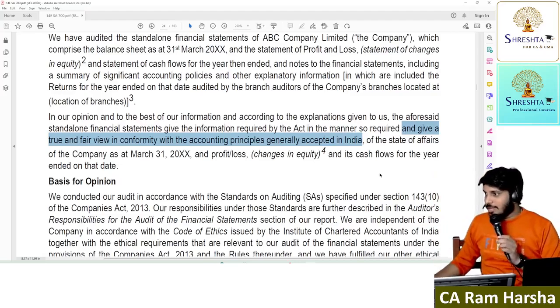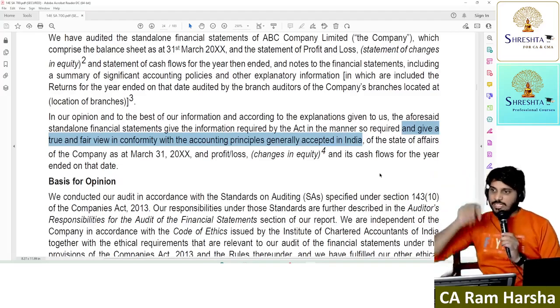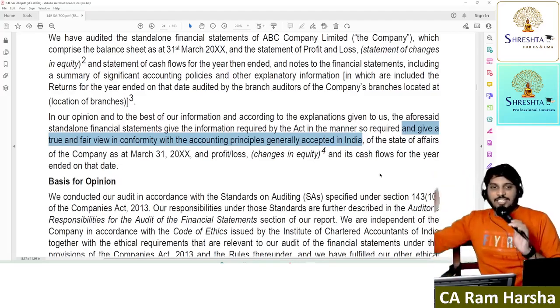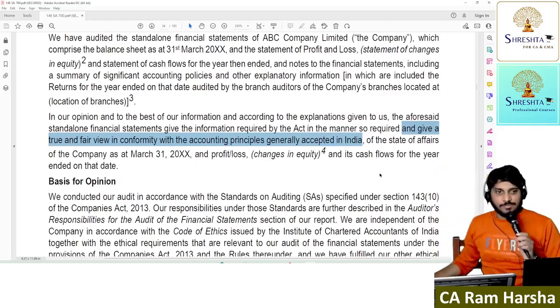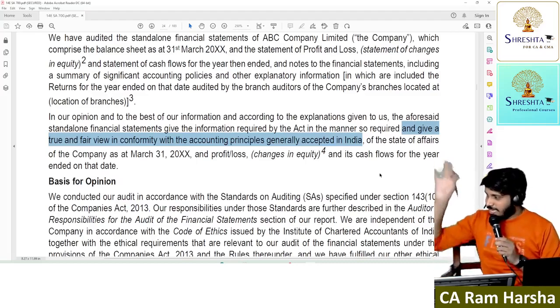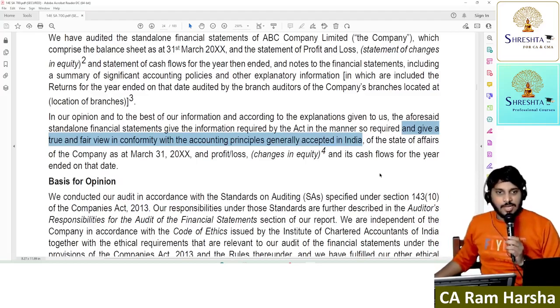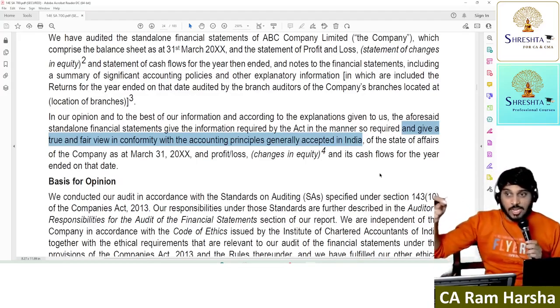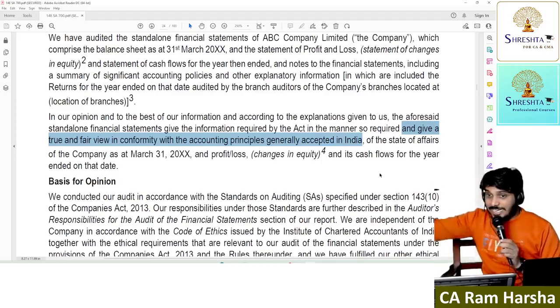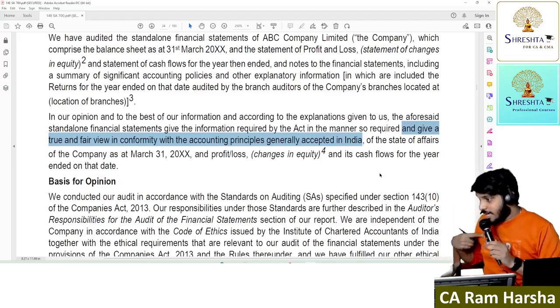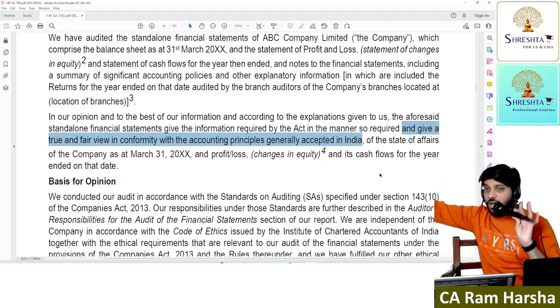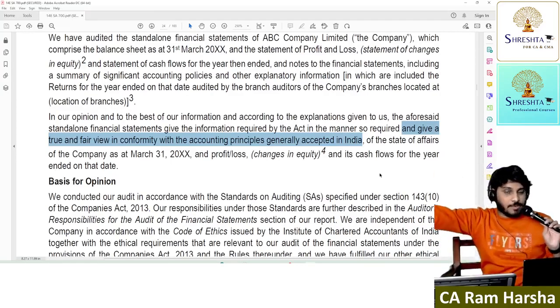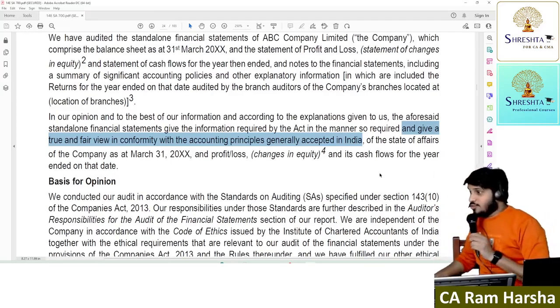But the Companies Act is saying, follow the accounting standard. Sir, that is not suitable. That is not a fair method. It doesn't matter. You follow SLM or WDV. That's enough. So if I have to blindly follow the law, even though the accounting treatment is not suitable for me, if I have to compulsorily follow the law, that is called which framework? Compliance.